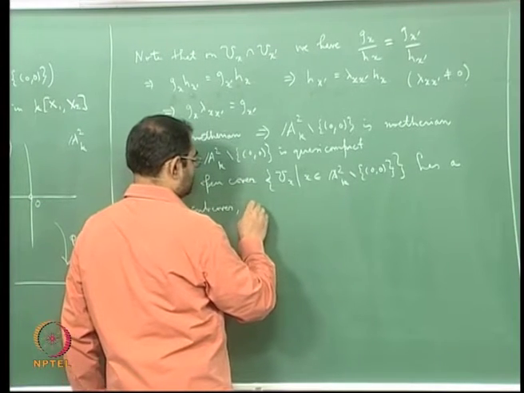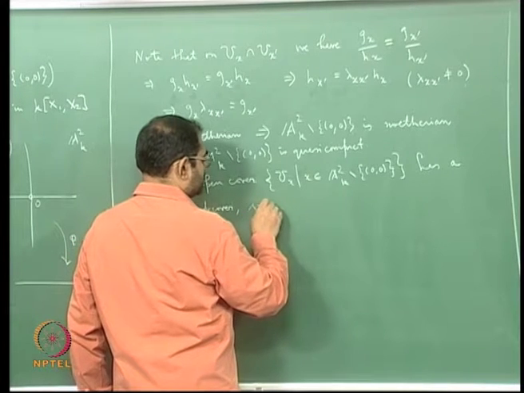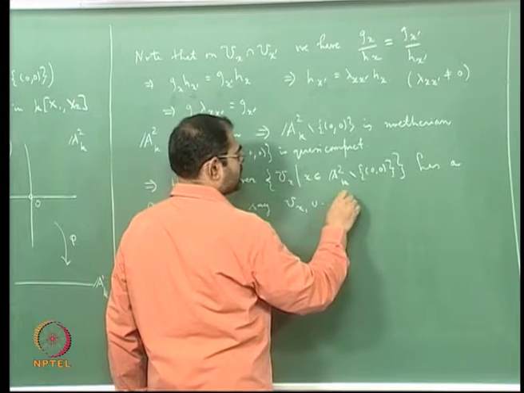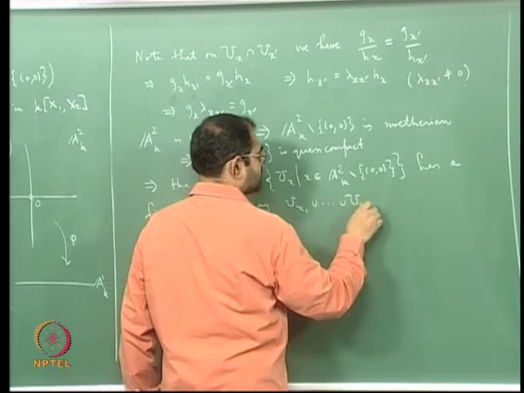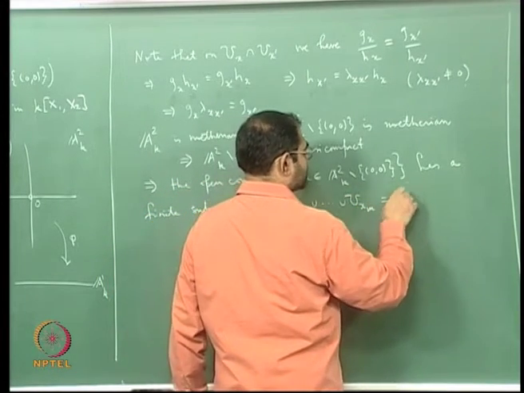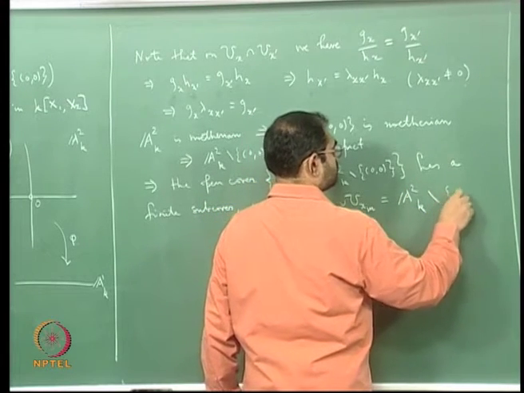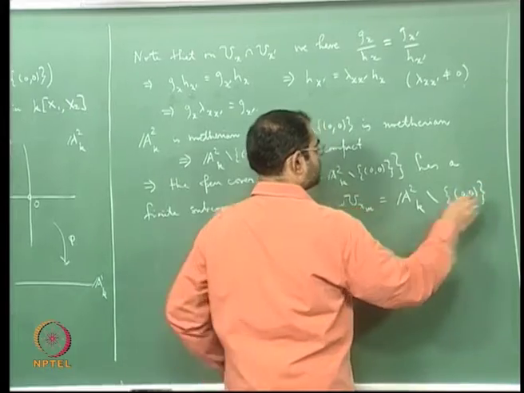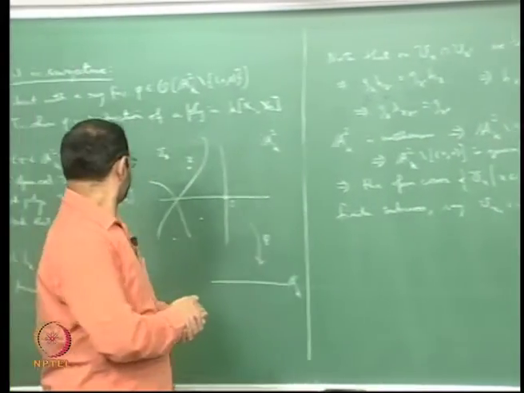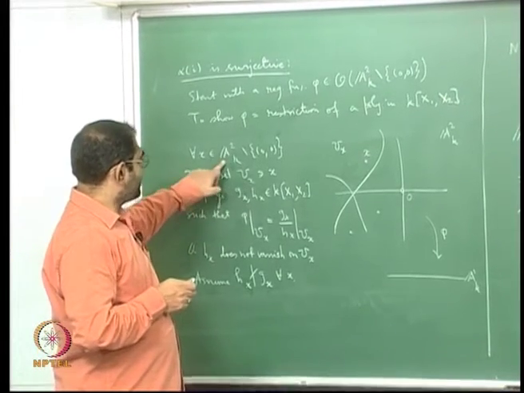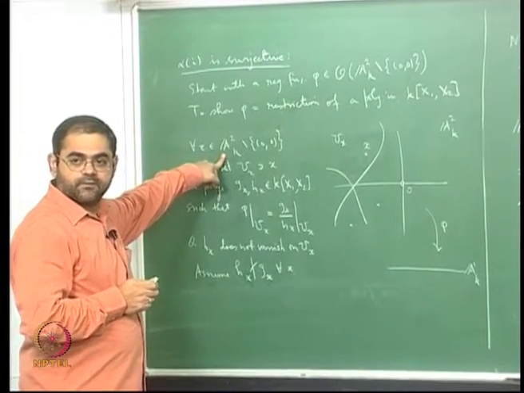say Ux1 union ... union Uxm is equal to A2 minus a point. And mind you each open set is being taken in A2 minus a point.